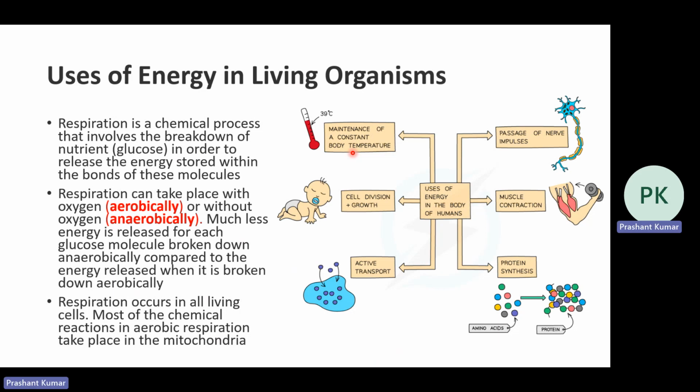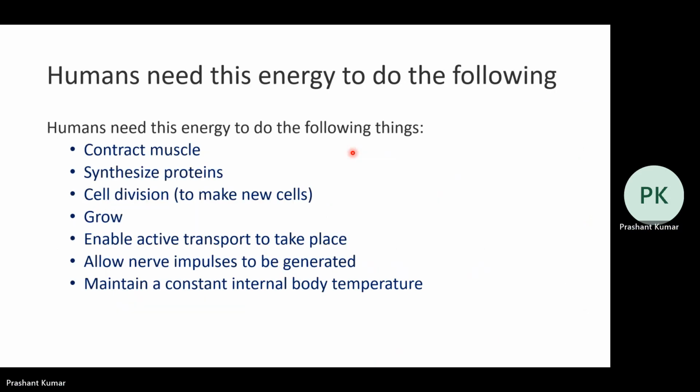It's like an individual task performed by each and every cell. And where do we use it? We use it in muscle contraction, synthesizing protein, cell growth, cell division, enabling active transport to take place, allowing nerve impulses to be generated and transported, and maintaining constant body temperature.